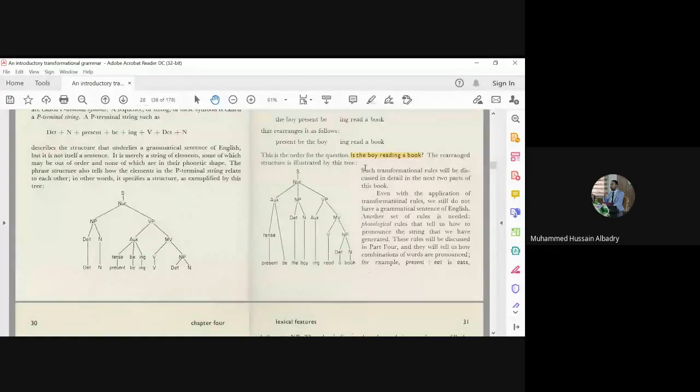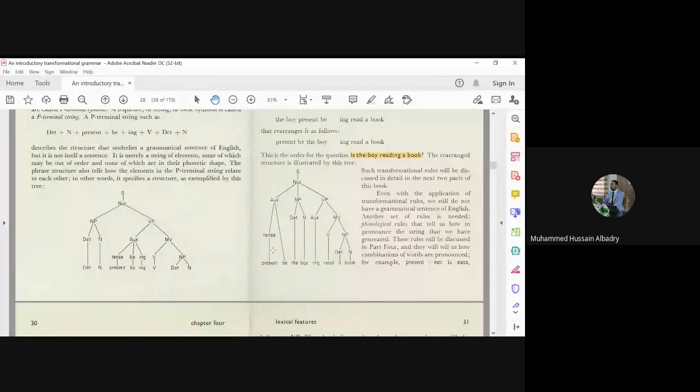So when we ask, we put auxiliary at the beginning. Just rearrange. We move it. We make a rearrangement here. Nuke, auxiliary, because it is a question. With auxiliary, we have what? We have tense, present, and auxiliary be.